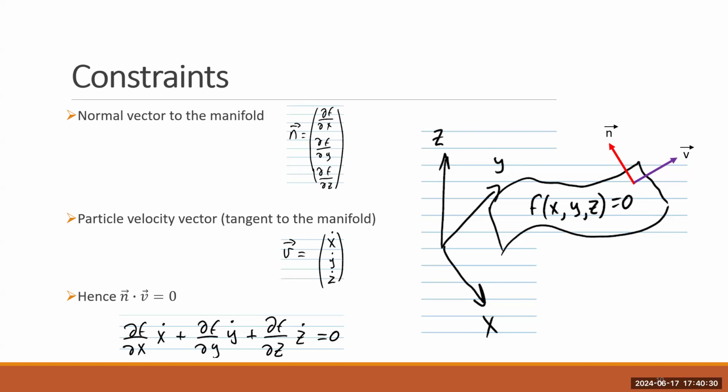When I look at the velocity of the particle, which is x dot, y dot, z dot, this must be tangent to the constraint manifold.